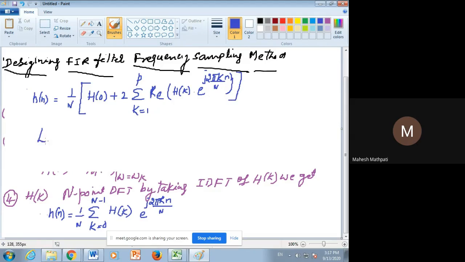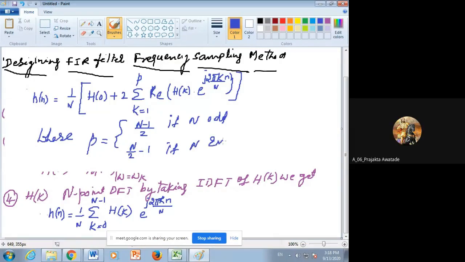Where p equals N minus 1 by 2 if N is odd, and N by 2 minus 1 if N is even.